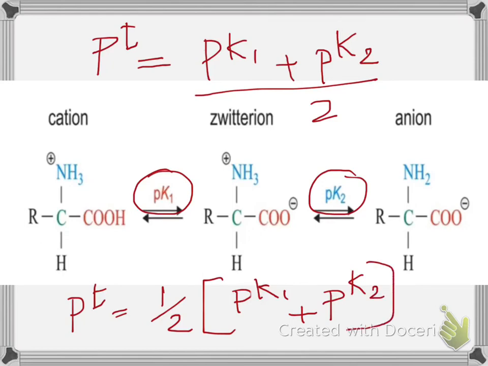So the average of pK1 and pK2 is the isoelectric point. Here pK1 and pK2 are the dissociation constants of acids.